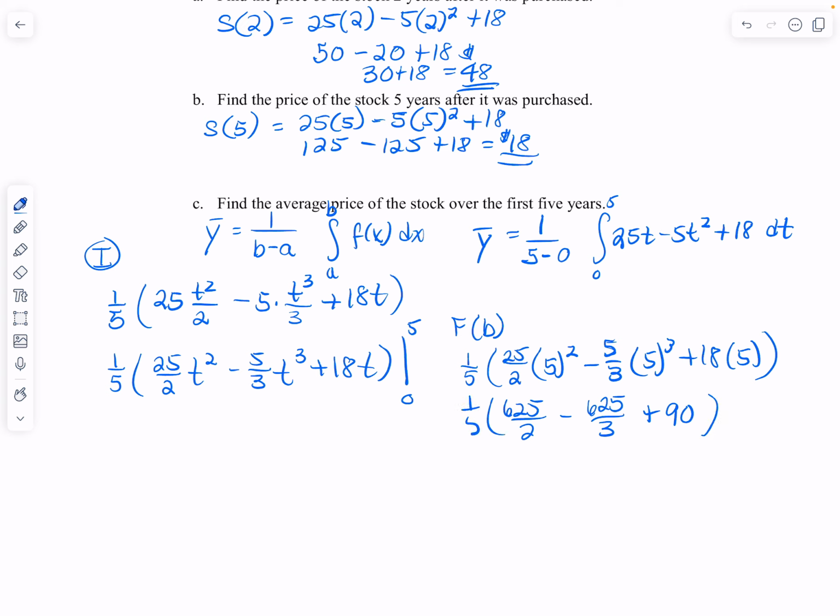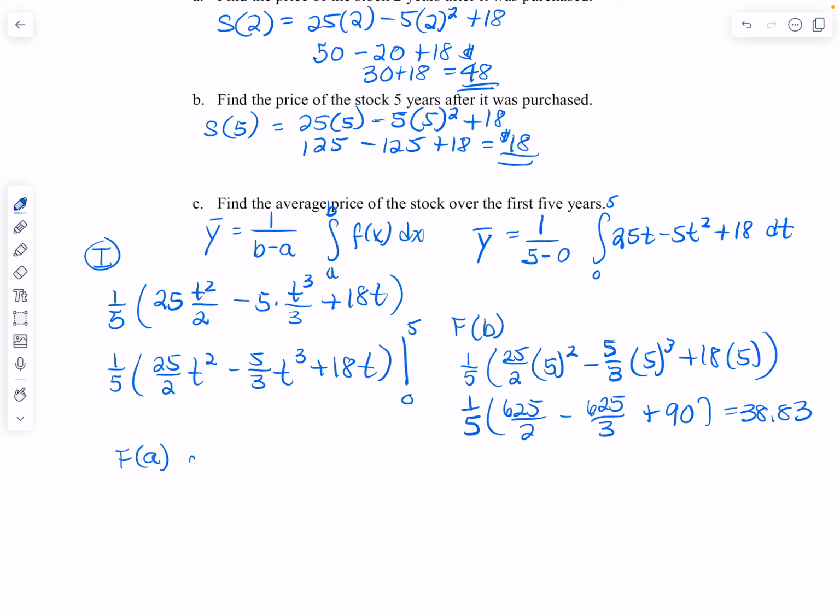Then I'm going to multiply that by 1/5, which is 0.2. So 0.2 times, parentheses, 625 divided by 2, minus 625 divided by 3, plus 90, and hit enter. I got 38.83.